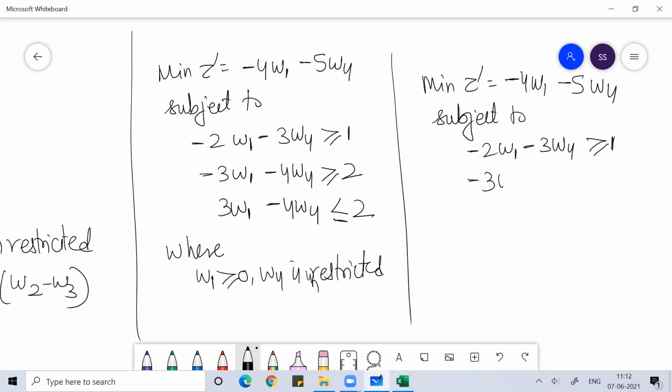This I can write minus 3W1 minus 4W4. If you understand, guys, the same thing, this is like equal to form, where W1 is greater than or equal to 0 and W4 is unrestricted.